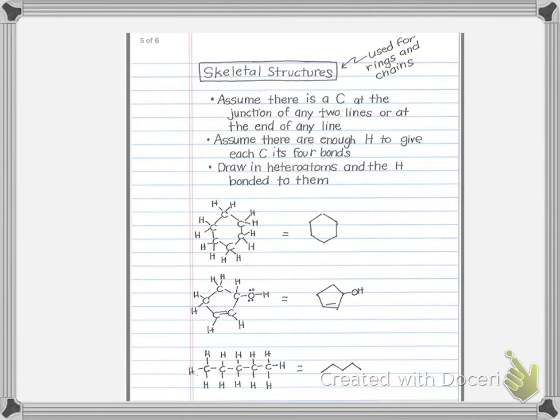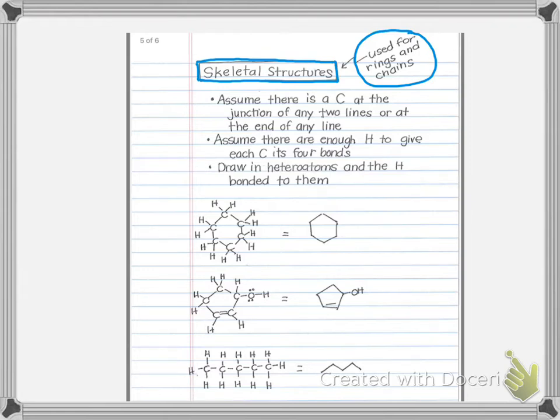Now there is a second type of shorthand notation, and this is called a skeletal structure. And if you think about a skeleton as only having bones, that's really kind of how these structures are. These can be used for rings and for chains, but I feel like they are most helpful for rings.